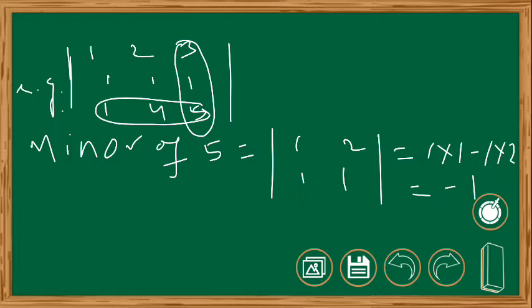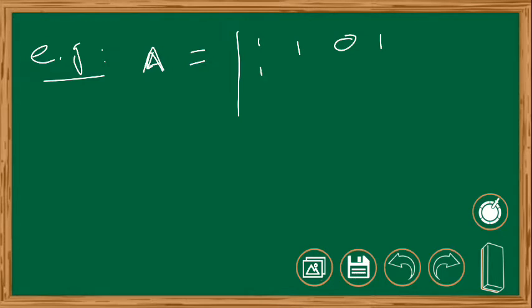And the last example, let me take. Suppose I will give you a matrix or determinant A. It will contain like this: 1, 1, 0, 1, 1, 1, 2, 3 and 2, 0, 0, 1, right?